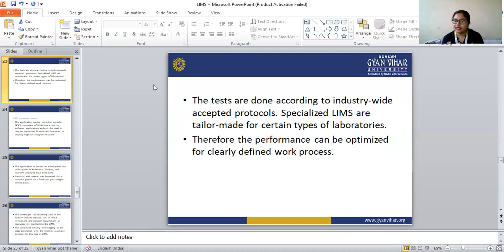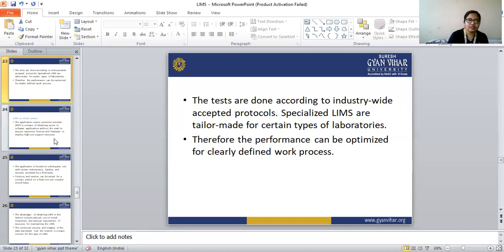Therefore the performance can be optimized for a clearly defined work process. So specialized LIMS are used by the laboratories where the stability testing is done.